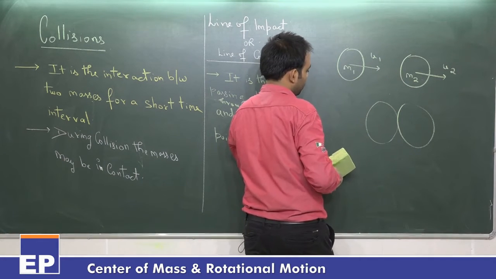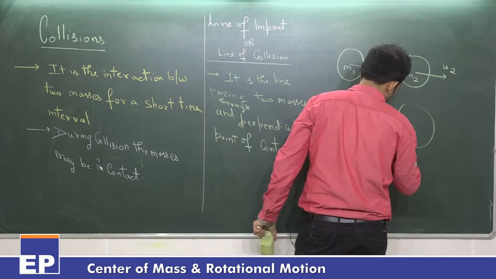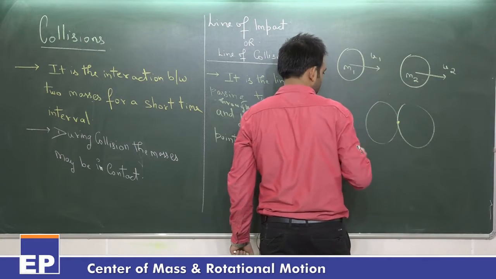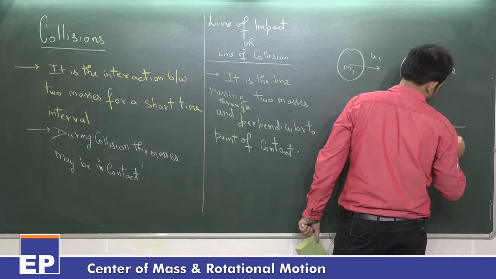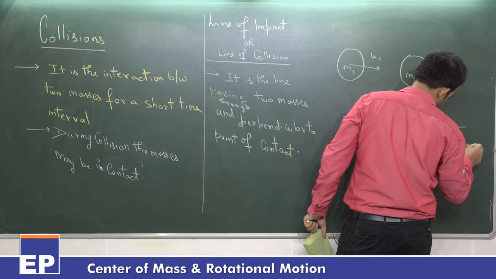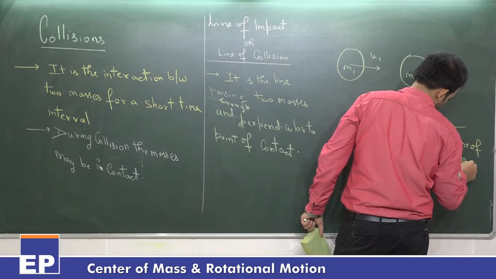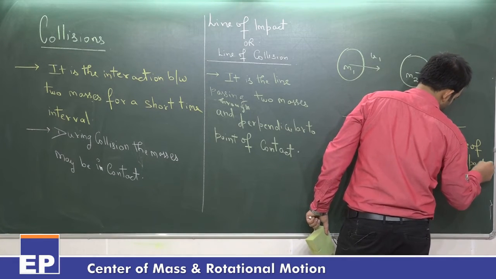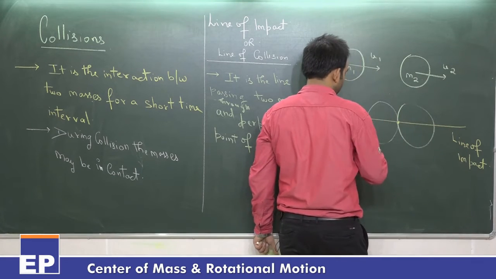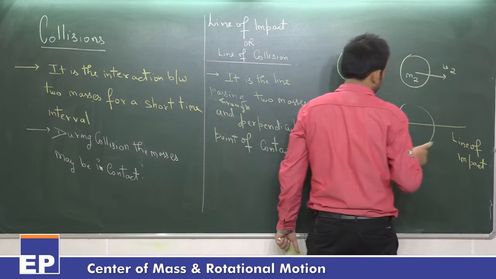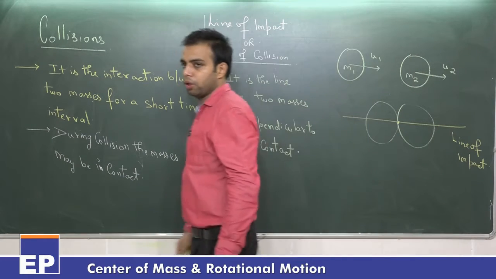So during collision at the point of contact, the normal drawn at the point of contact is called the line of impact, or line of collision, along with which the force will act during the collision.